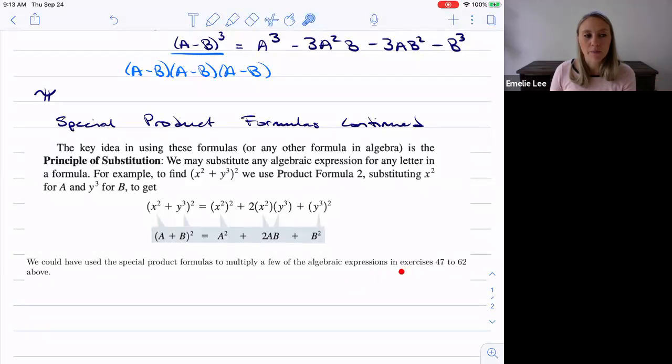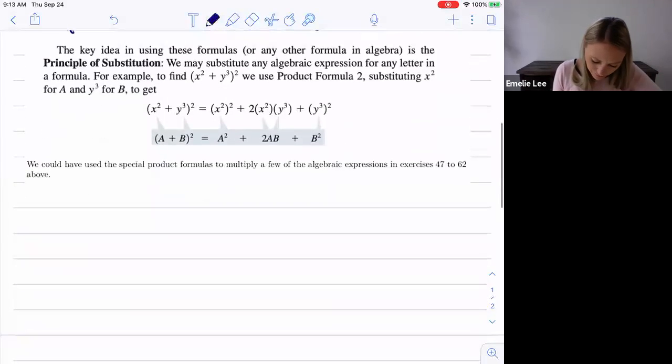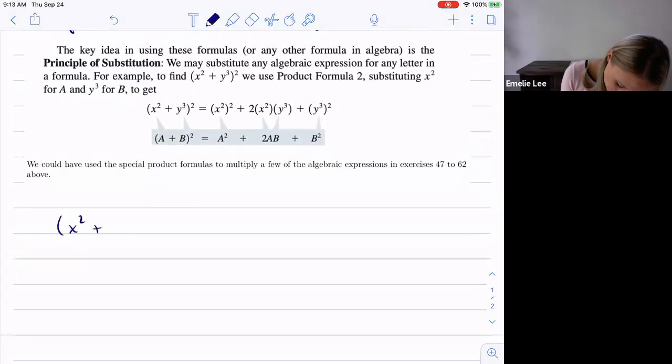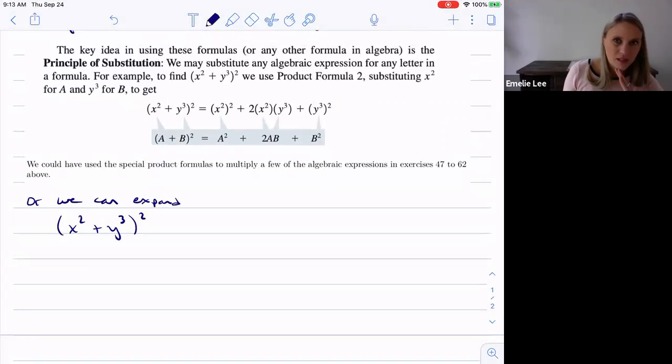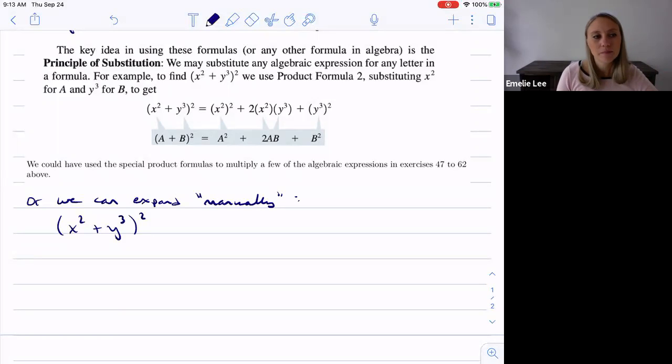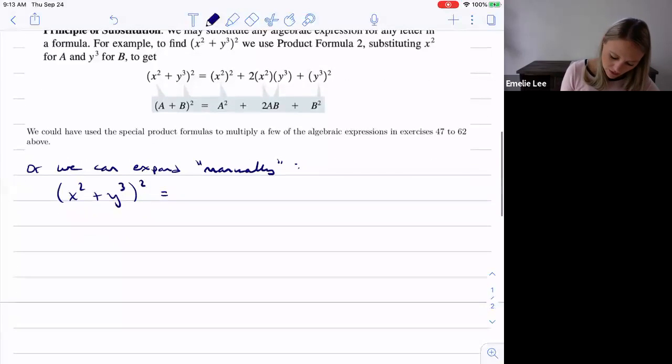But like I said, for me, if we just do x squared plus y to the 3 squared, we can expand manually, because this is the same as x squared plus y to the 3 times x squared plus y to the 3.